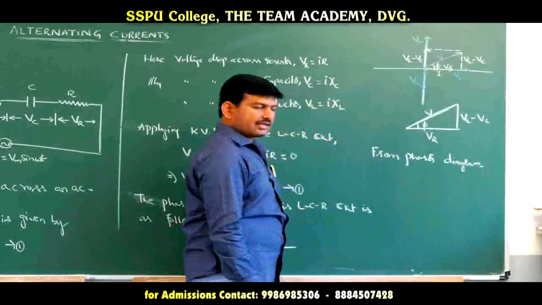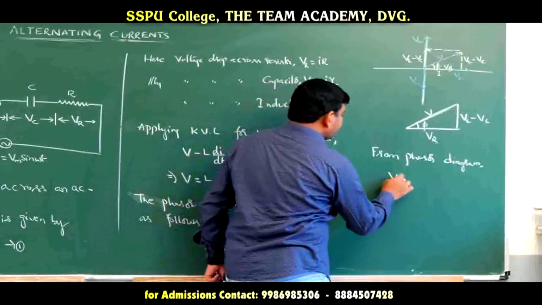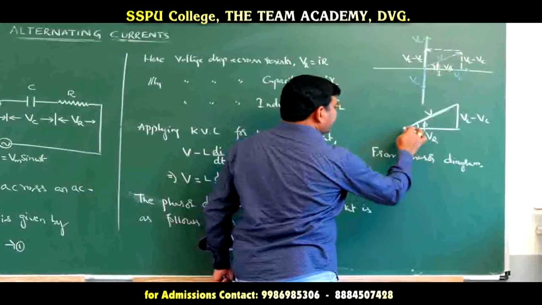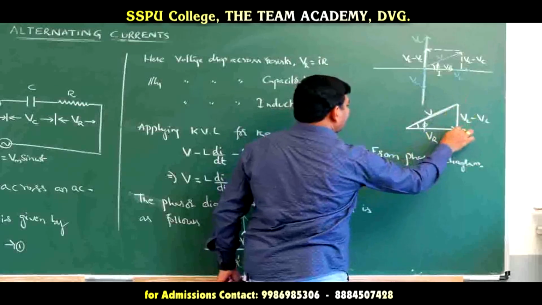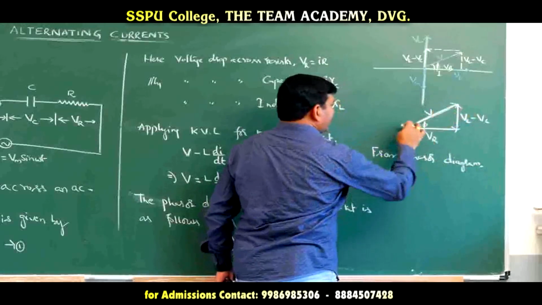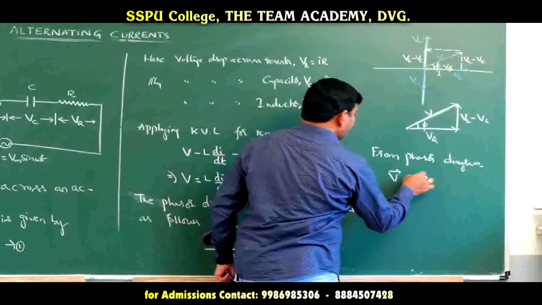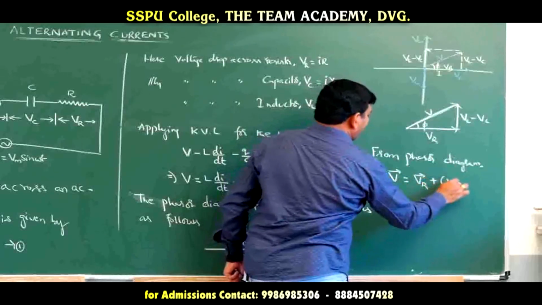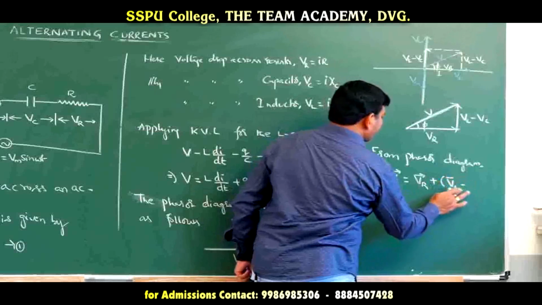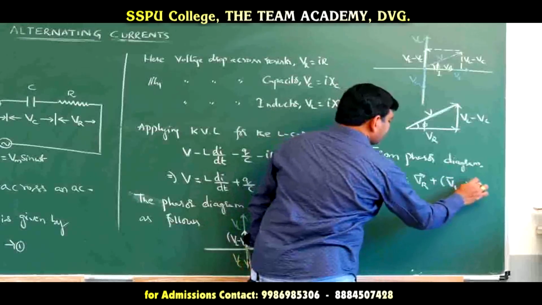Treating phasor as a vector, V bar is equal to this bar plus this bar according to the triangle law of addition. V bar is equal to VR bar plus VL minus VC bar. VR bar plus VL bar minus VC bar.